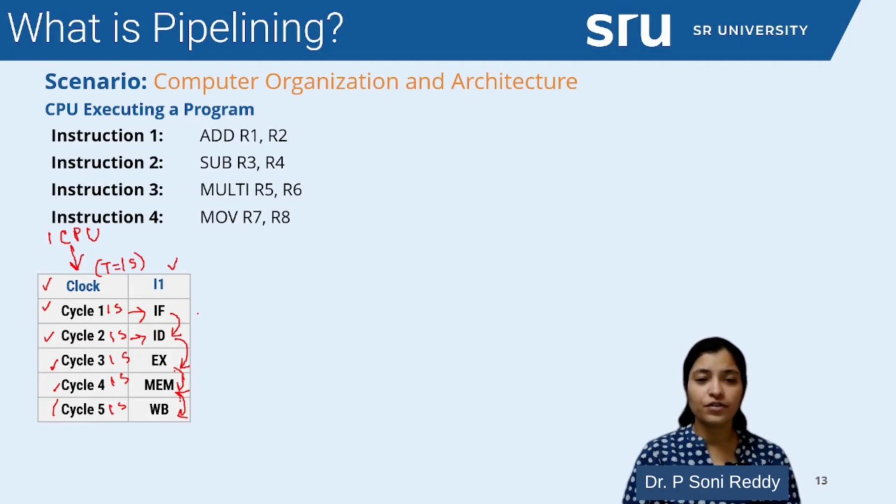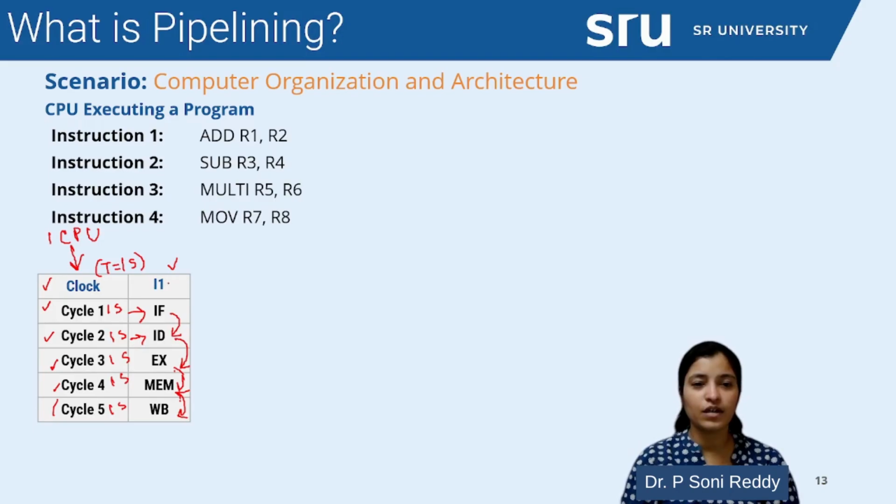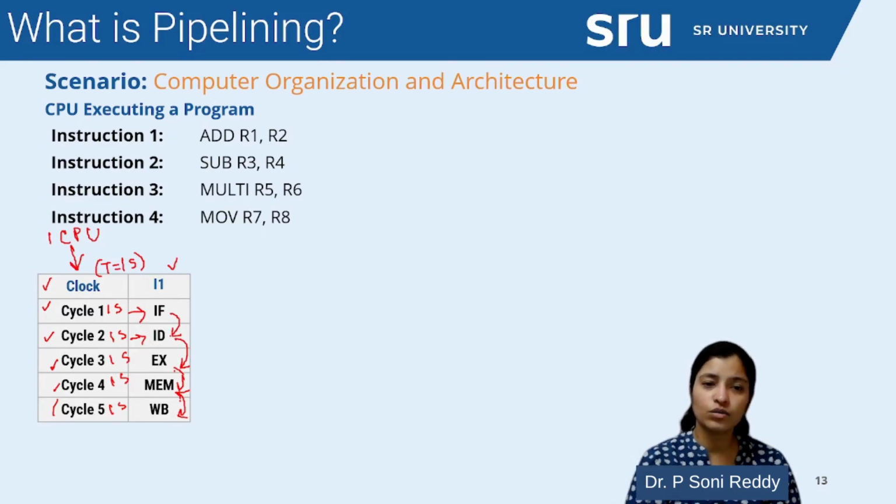As of now, this is not parallel. This is for a single instruction, divided into multiple stages, and this shows how each stage flows with one clock cycle. Now, how the next instruction will be placed, and how we are going to do this in sequential form as well as parallel form, we are going to study here.